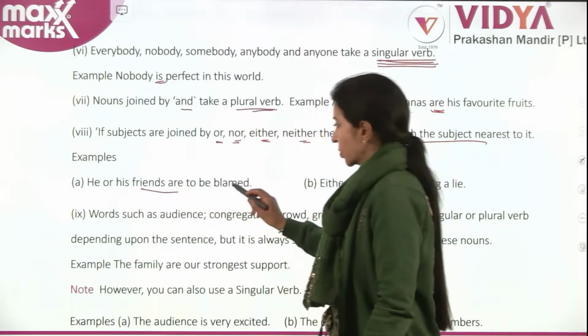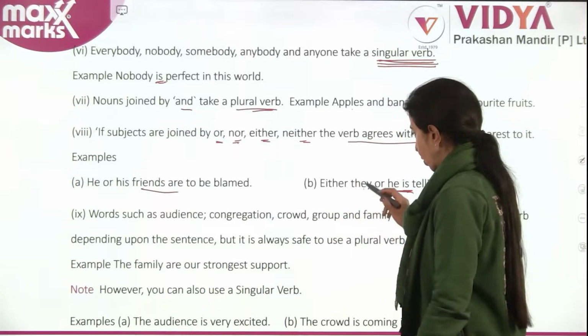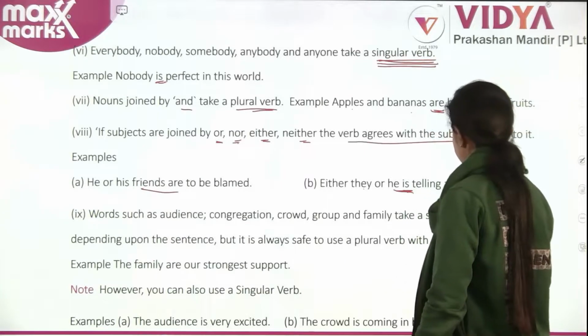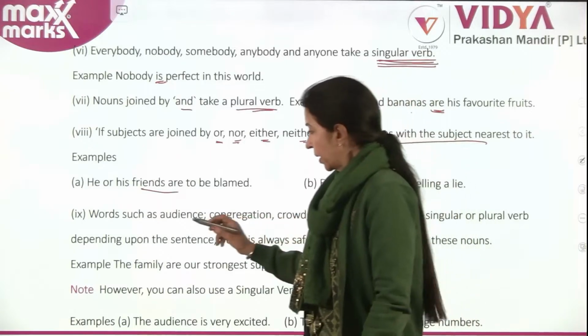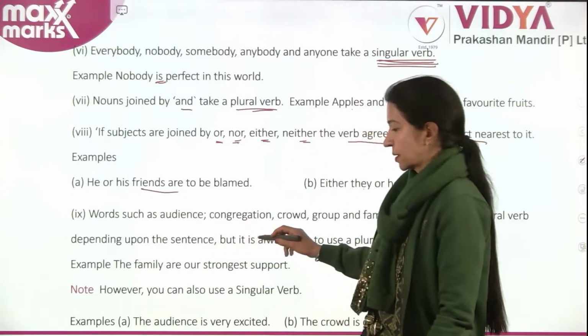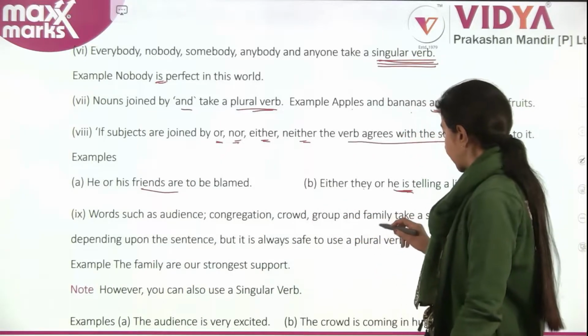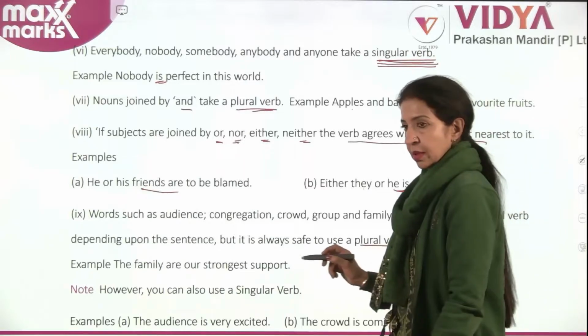Words such as audience, congregation, crowd, group and family take a singular or plural verb depending upon the sentence. But it is always safe to use a plural verb with these nouns.